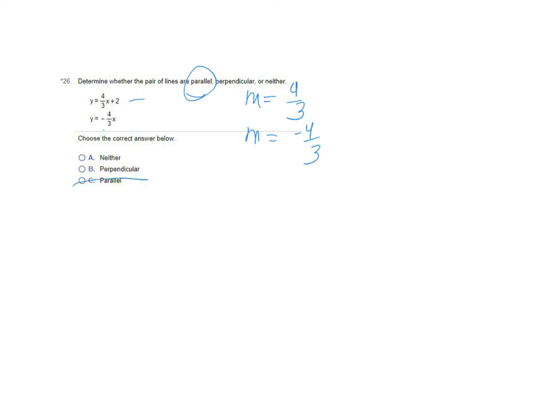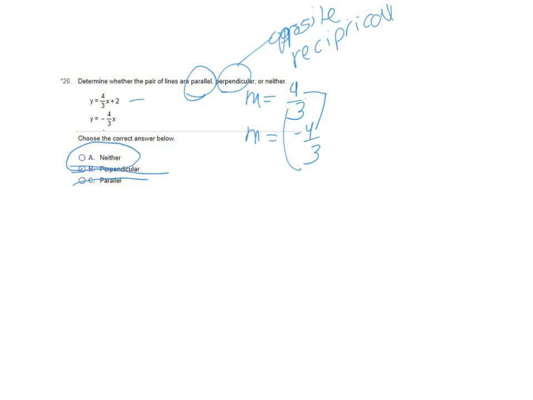For perpendicular, they have to be opposite signs, which they are. One is positive and one is negative, but they would also have to be reciprocal of one another. So if we look here, the numerators are both 4, the denominators are both 3. We don't have that reciprocal, so they are not perpendicular, therefore they must be neither.